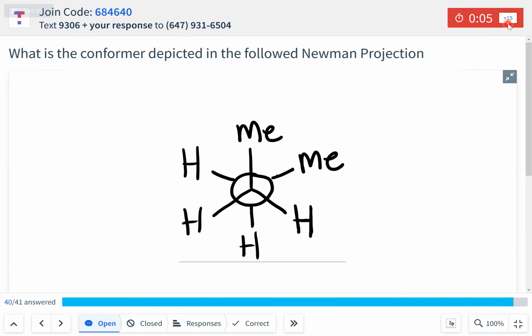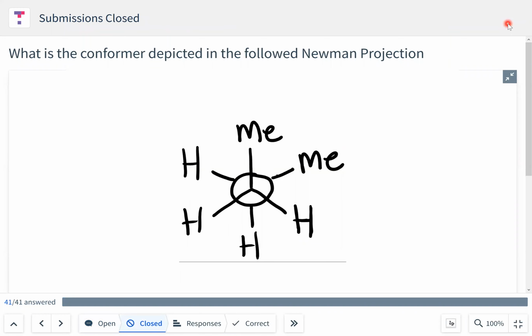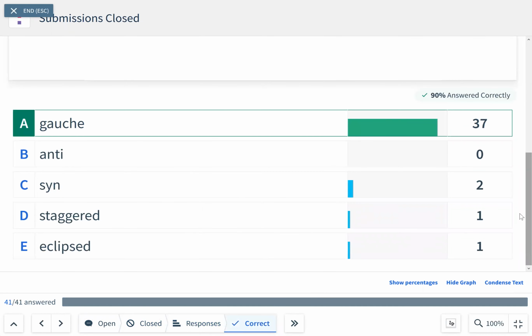Alrighty. So this is a staggered conformation, and the response is gauche. Yes, that is correct. When the two groups are close by, 60 degrees from each other, this is considered a gauche conformation, and there's a certain amount of energy based upon the interaction of two groups which take up space getting too close to one another.